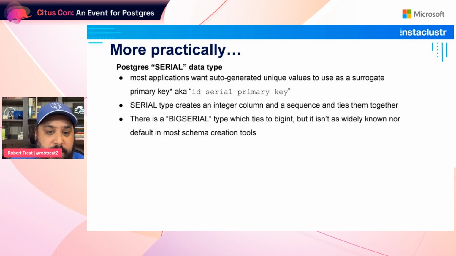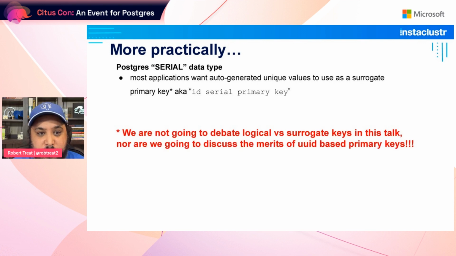And that's fine. I will let you know there is a bigserial version of this, so you may see that out in the wild, but it seems to be much less commonly known. And the default in most schema creation tools is this serial type, which uses integers under the hood.